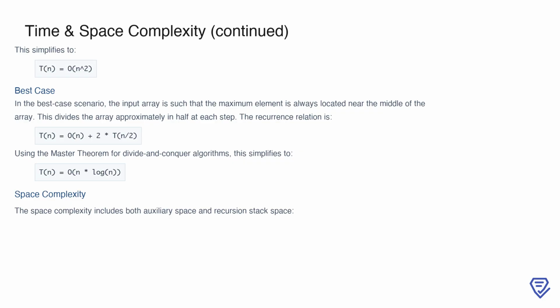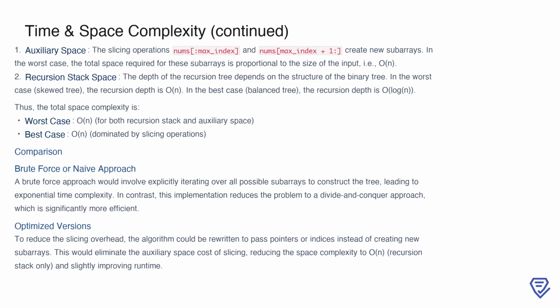Moving on to space complexity, we need to consider both auxiliary space and recursion stack space. Auxiliary space arises from the slicing operations, where new subarrays are created. In the worst case, these operations require space proportional to the size of the input, or O(n). Additionally, recursion stack space depends on the depth of the recursion tree.